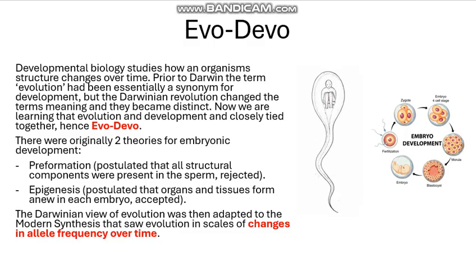The other theory, which we now accept, is called epigenesis, which postulates that organs and tissues form anew in each embryo. So you have the spermatozoa fertilizing the egg, they share their versions of chromosomes 1 to 23 together to make a diploid cell.